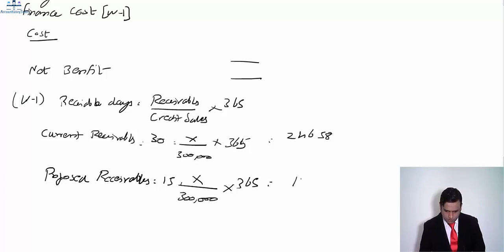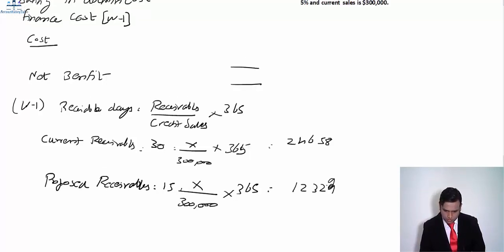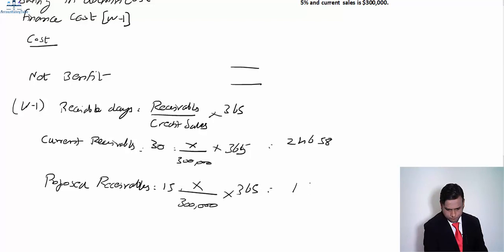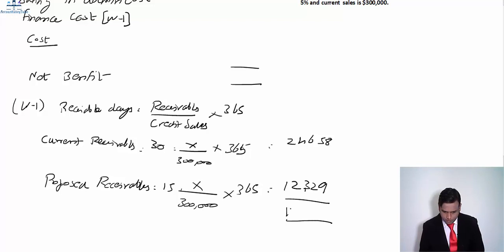Now the receivables become 12,329. And that is our decrease in receivables.